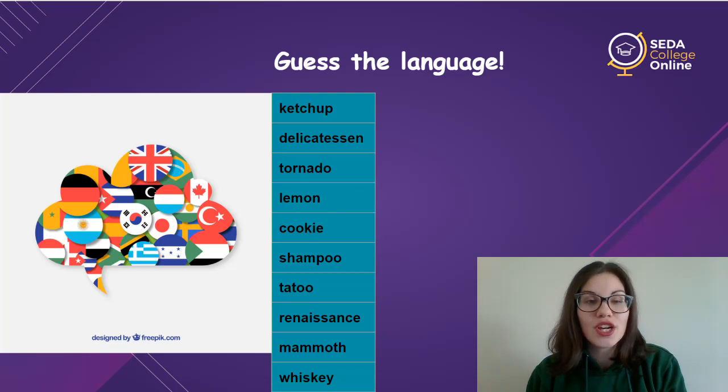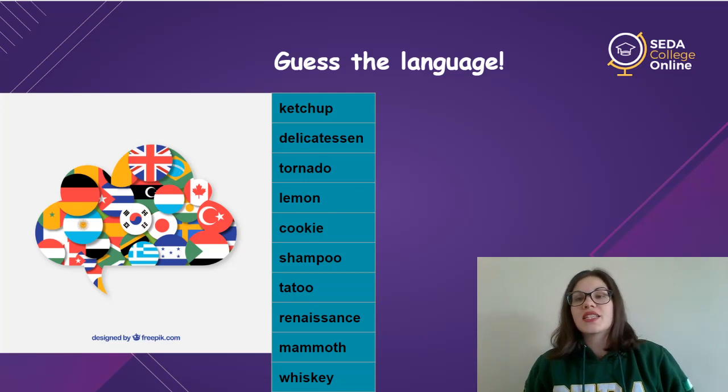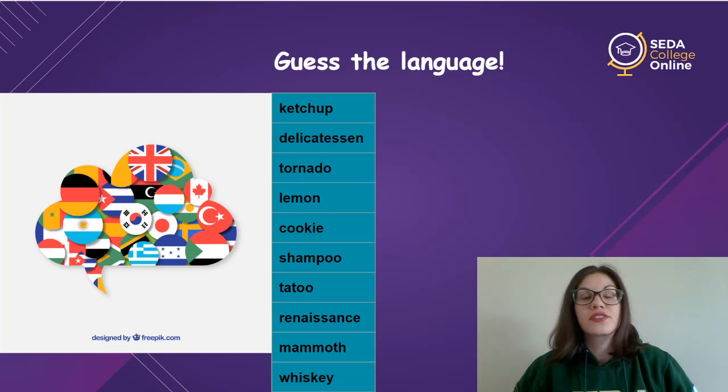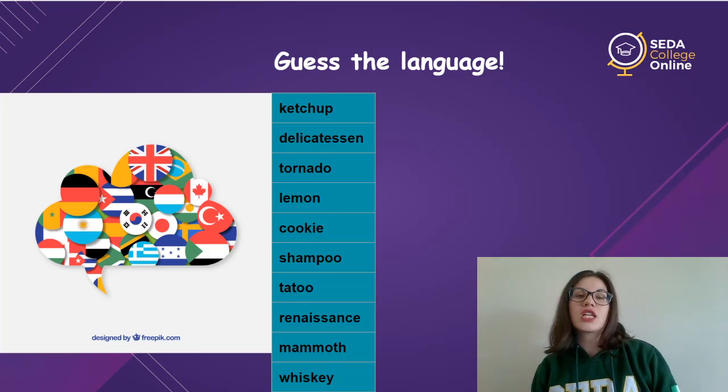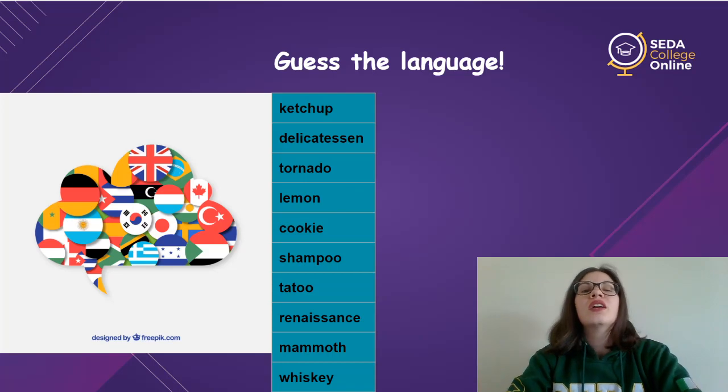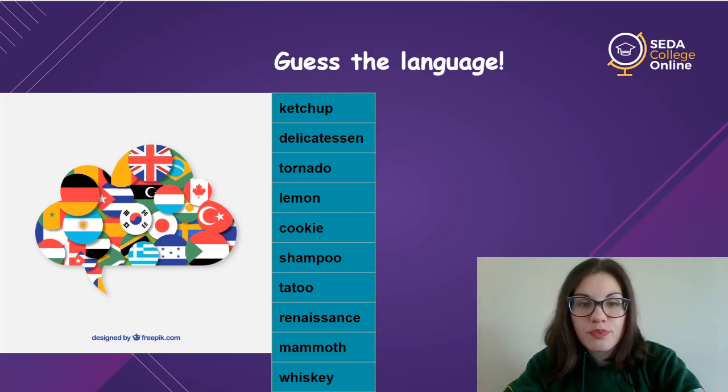So it's 10 words. I don't have the numbers here, but you can write numbers with the answers in the comments if you want. Okay, 1, I don't know, French, whatever. 2, Greek. 3, Spanish. Okay, so here are the words: ketchup, delicatessen, tornado, lemon, cookie, shampoo, tattoo, renaissance, mammoth, and whiskey.